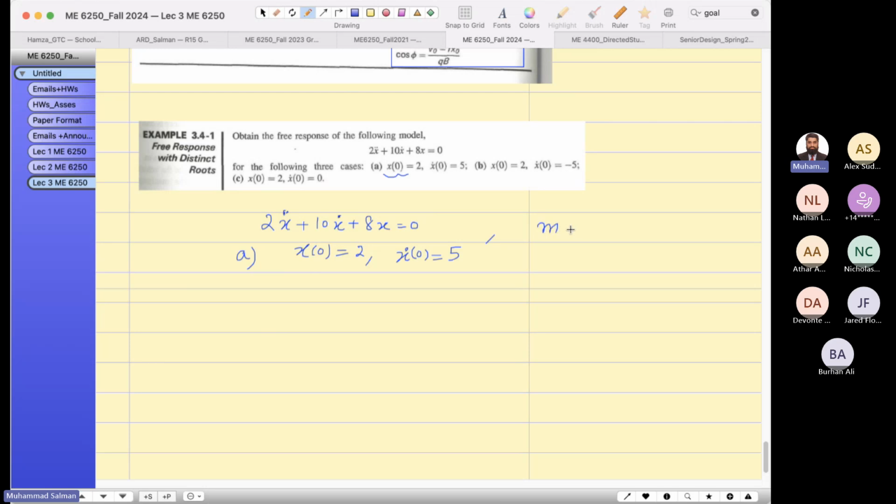So I can write down mx double dot plus cx dot plus kx equal to 0. If you compare our standard mass spring damper system with this equation, the mass equals 2 kilogram, damping coefficient equals 10 Newton second per meter, and k equals 8.